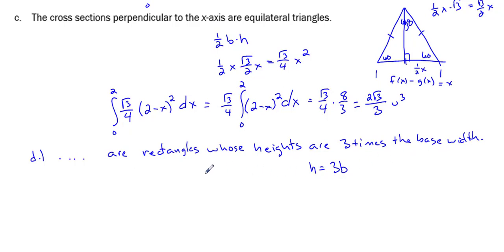Area of a rectangle equals base times height, and the height is 3 times the base, so the area of this rectangle is 3b squared, where b is the base, the distance between the two curves, f of x minus g of x.